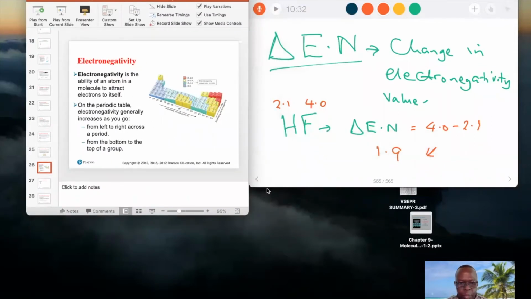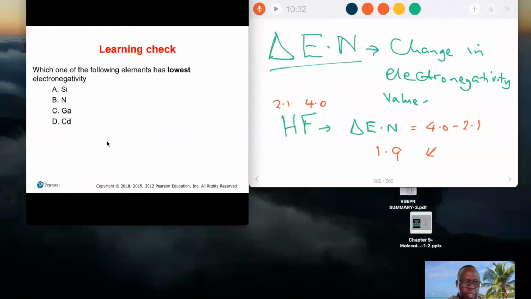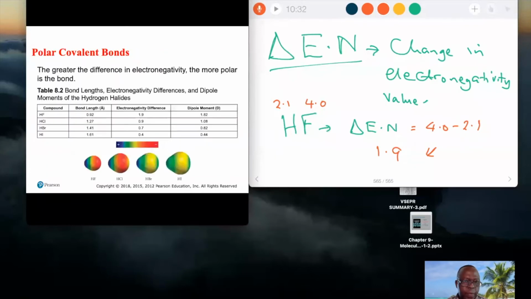It's from the electronegativity values we were given in the table, so I don't need to remember. This is just using the equation: the most electronegative minus the least electronegative.